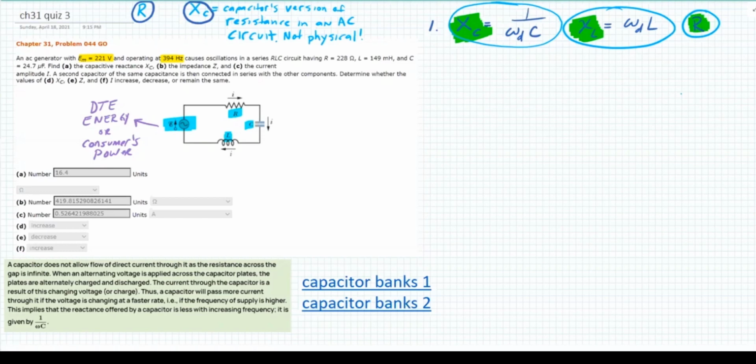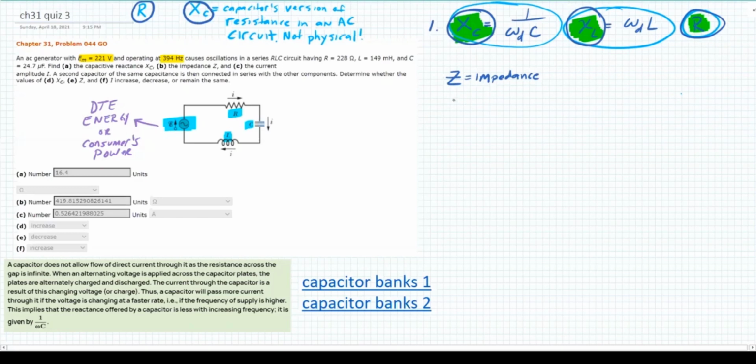And there's yet another brand new introduction, the Z. Z is called impedance. All right, a logical next question: if I have resistance due to my capacitor in an AC circuit, resistance due to an inductor, and resistance due to a wire or resistors, what's the total effect of all of that?